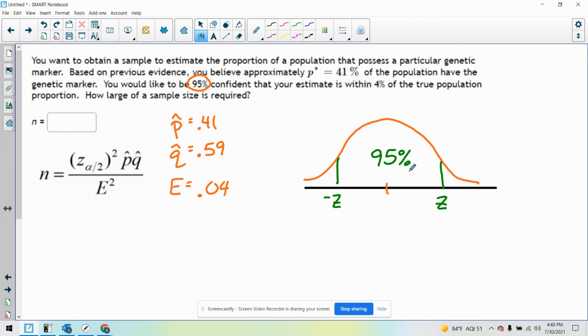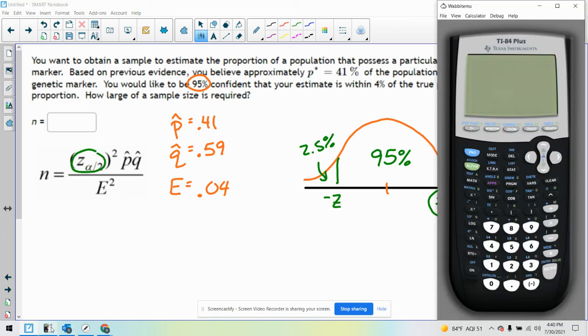So if the middle 95% is cut off, that means these two tails are symmetrical, so they're the same size. They each contain 2.5%, adding up to the total 100%. So I need to find this Z value, okay? That's going to give me this guy.